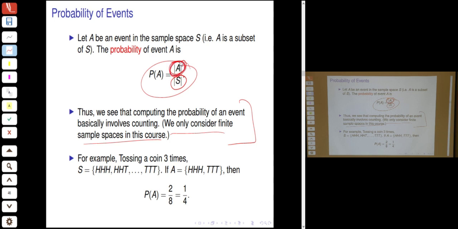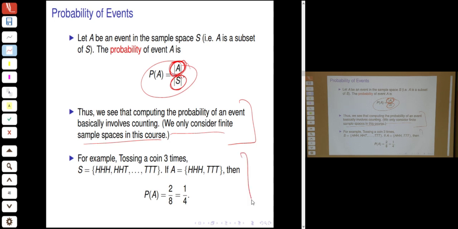Well, you have to count the size of the set A, in other words, the total number of outcomes that favor A. Similarly, you have to count the size of the sample space S, the total number of possible outcomes.